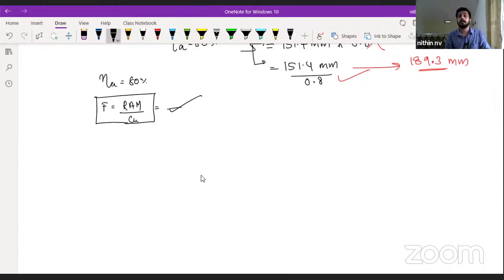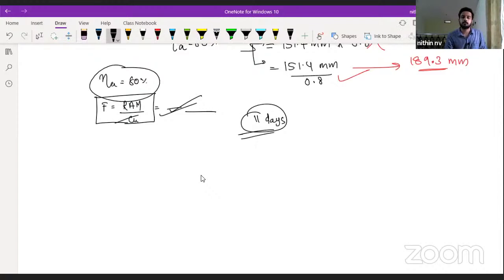I am telling this only for multiple choice questions. In case this answer is not in the options, and if you use the application efficiency you get something less, like 12 days or 11 days, and that option is available, and the first value is not available in the options, then we can go for this option. Are you understanding? Because we don't have any other options available.